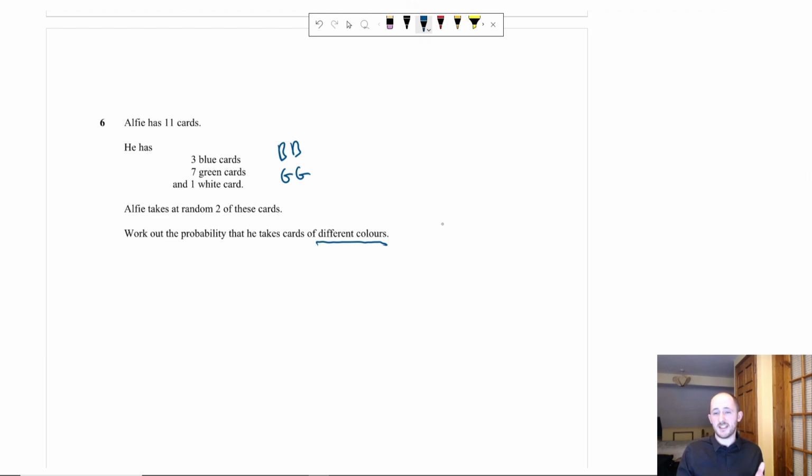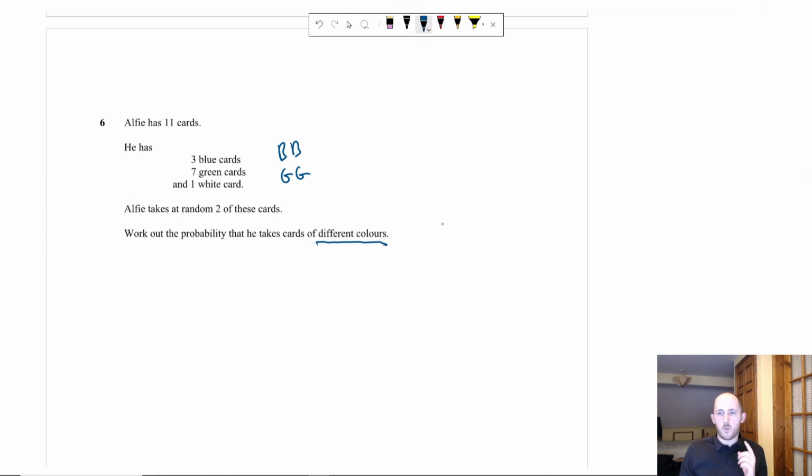And he can't actually get 2 whites, right? So we can work out blue, blue, and green, green, and then just leave it as that, and that'll be fine. Which is probably the best way to do this question, okay? So I would then just do 1 minus that, and you'd get your answer.